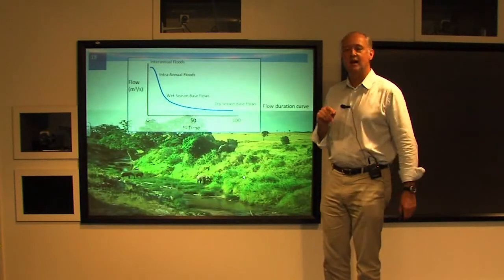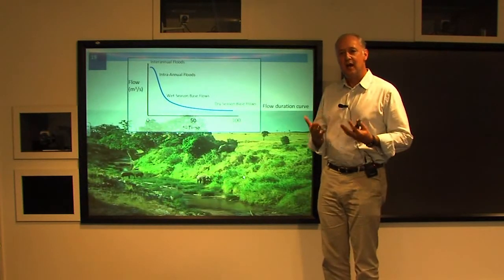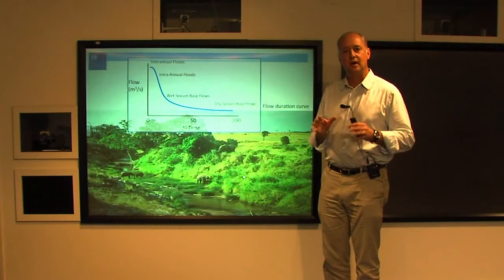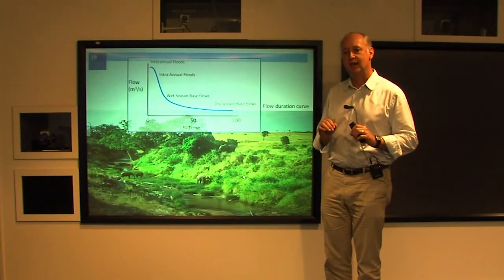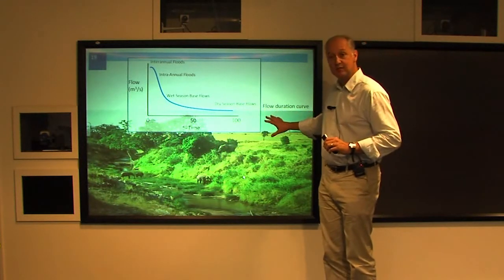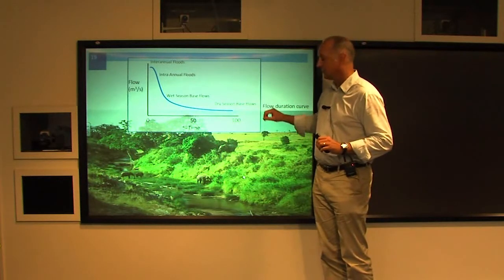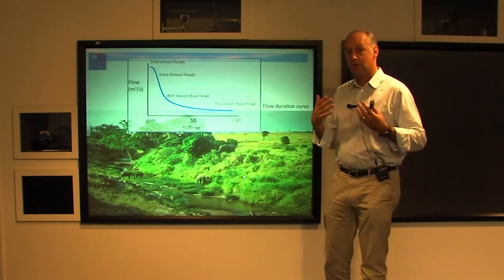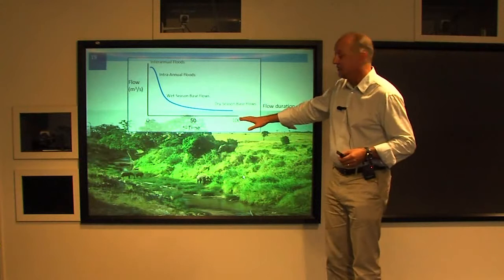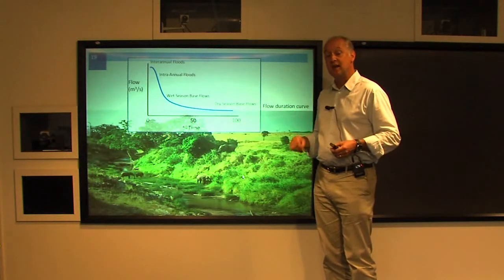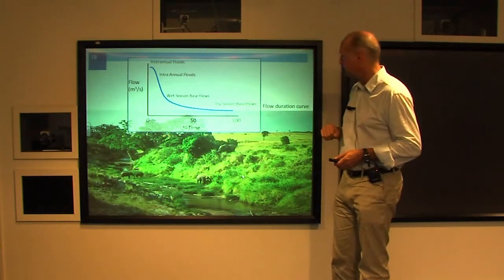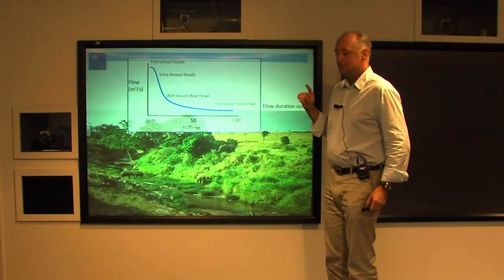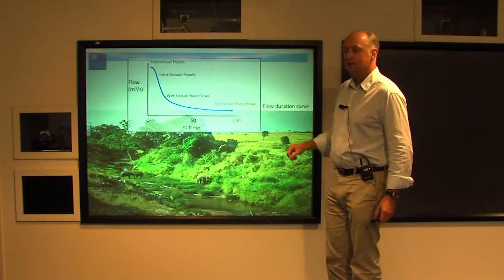But first, with this slide, I'd like to illustrate a bit about the influence of flow on the availability of habitats. Now, in your slide presentation, make sure that you're looking at this in slideshow mode, or you'll see it obscured by some of the items that are going to come up in the animation. But this is an example of a river corridor in Africa.